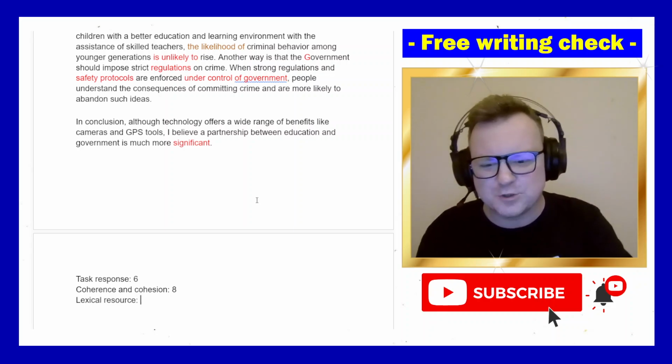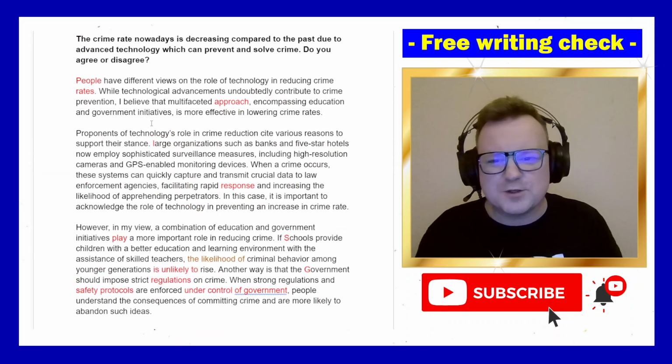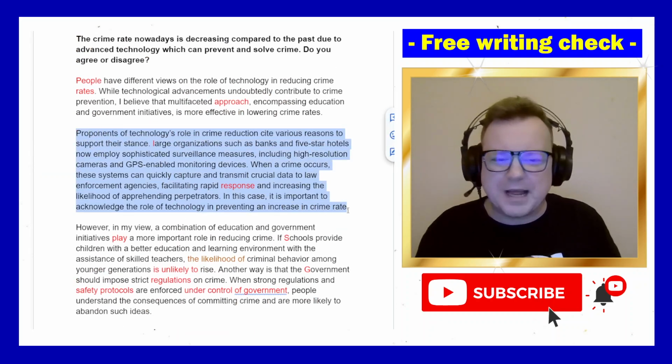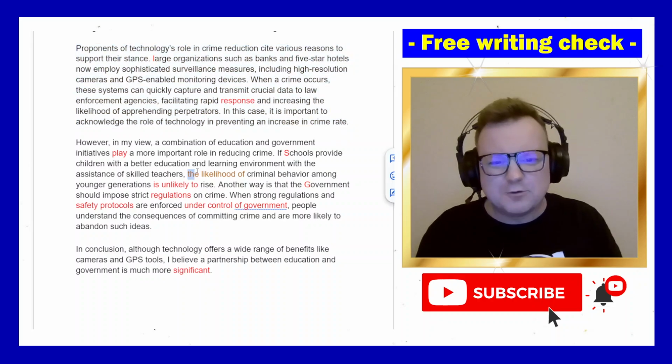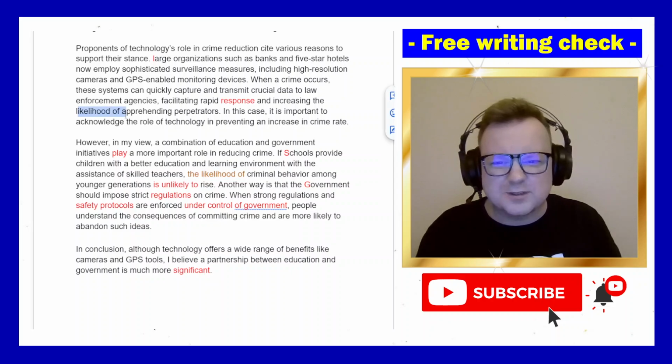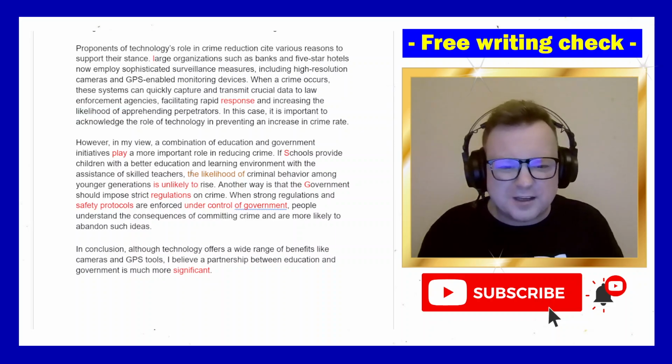Okay, lexical resource. This one is such a strange one because this paragraph is just band 9. This paragraph is absolutely band 9, but we also get some strange things like repetition, the likelihood with the likelihood earlier. So, okay, that's just one bit of evidence. Can I find any more? Yeah, the likelihood of something is unlikely to rise.